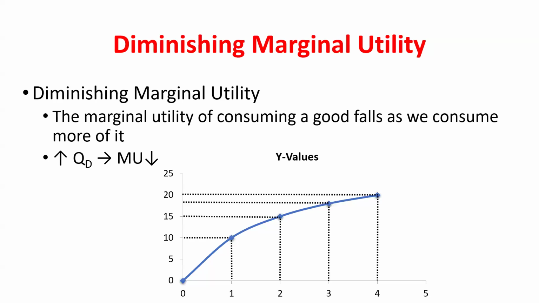Really, all I'm doing there is looking at the slope. So for that first unit, the change in my total utility divided by the change in the quantity was 10. For the second unit, the change in my total utility was 5. For that third unit, the change in total utility was 3. So what's happening to my marginal utility?